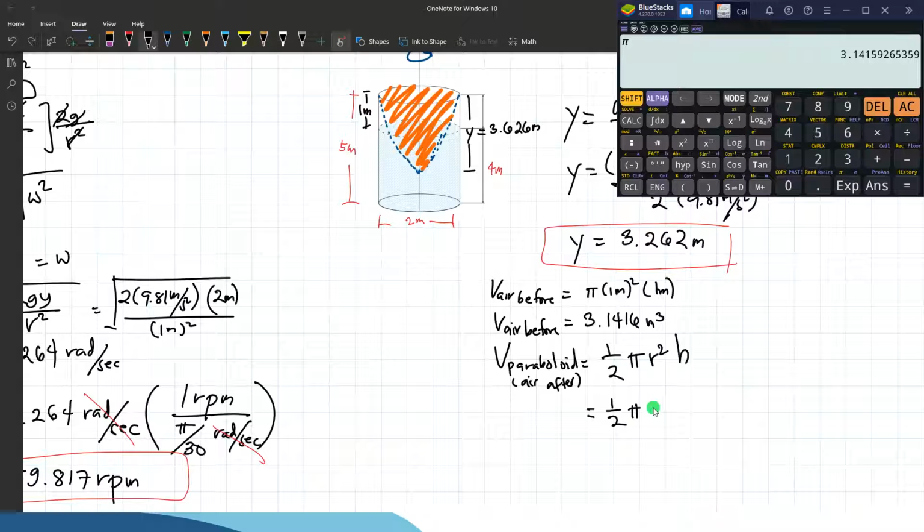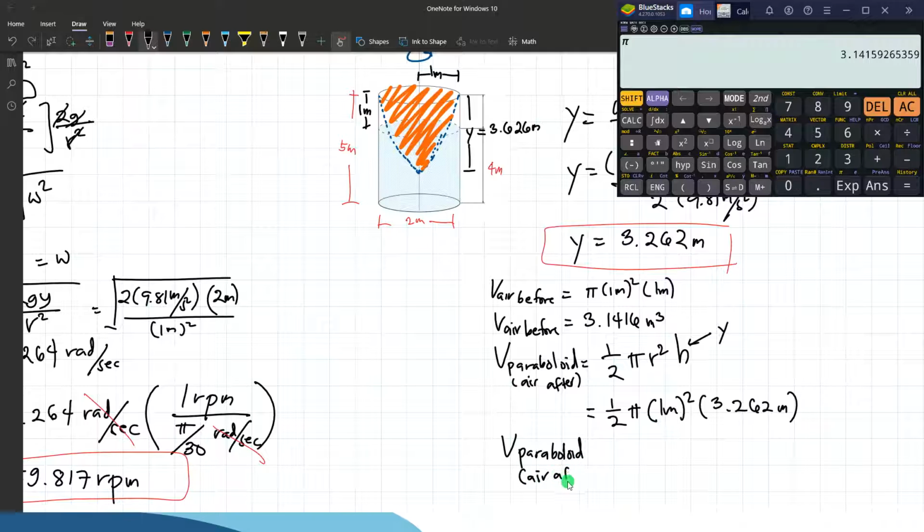The radius of this paraboloid should be the radius of the cylinder also, which is 1 meter, squared. H is the total depth, y equals 3.262. So this h in the formula is your computed y.